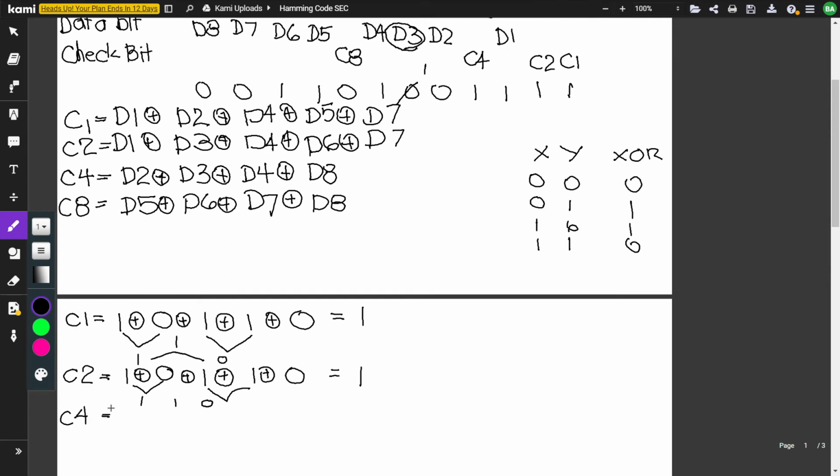C4 is D2, D2 is 0. Next is D3, D3 is 0. Next is D4, D4 is 1. And D8 is 0. The operation is XOR.